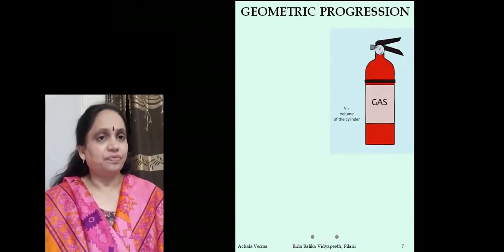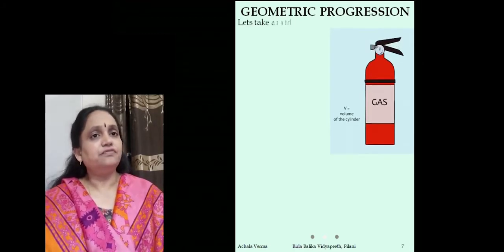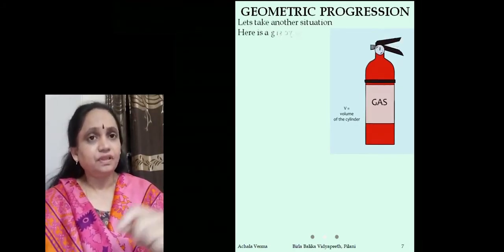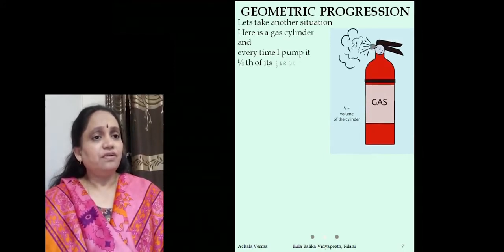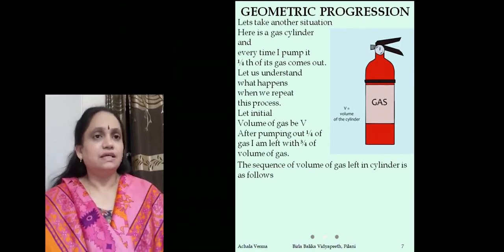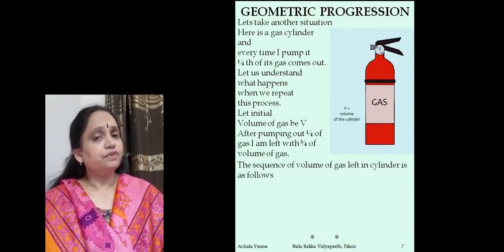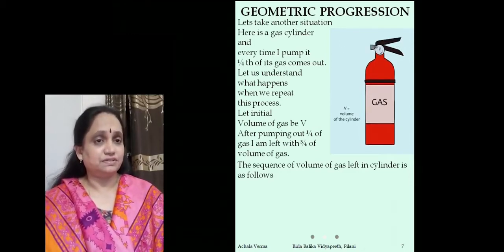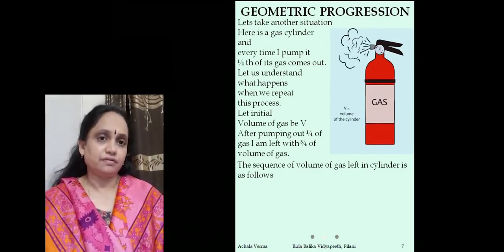Let's see. Now this particular situation where I have a cylinder filled with gas. Let us suppose that whenever I pump the cylinder, 1/4 of the gas is pumped out. Then the amount of gas that is left in the cylinder is 3/4 of the volume of the gas that was originally there.